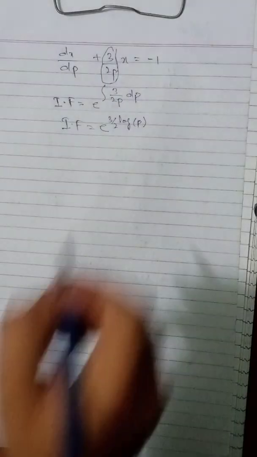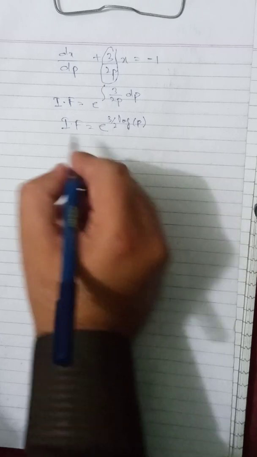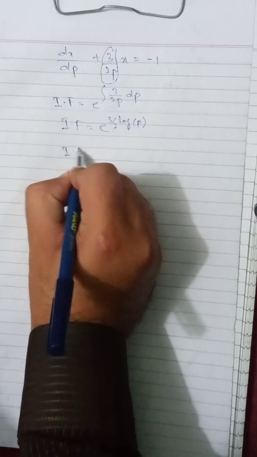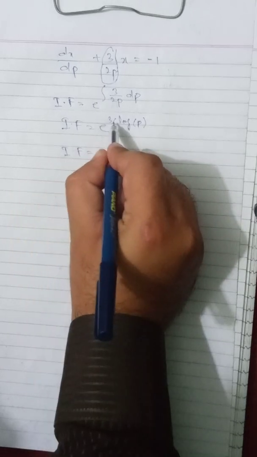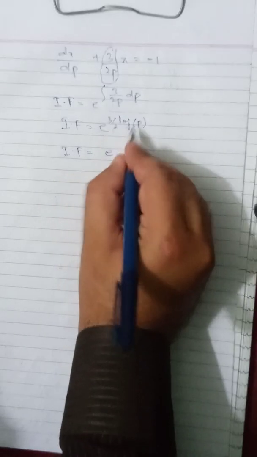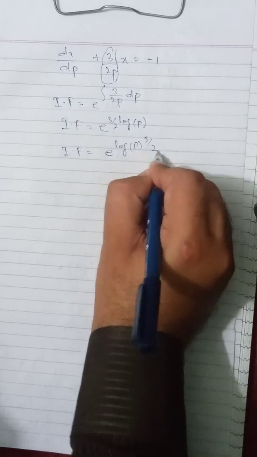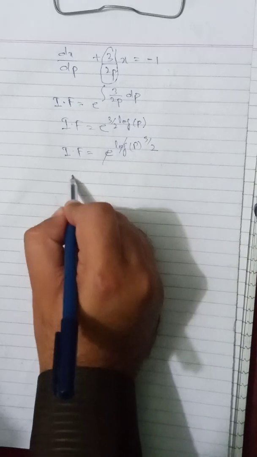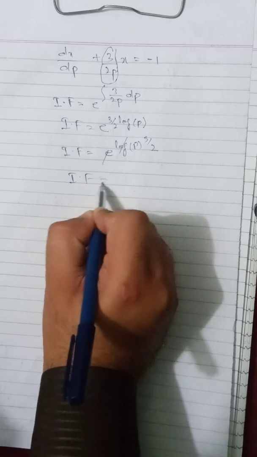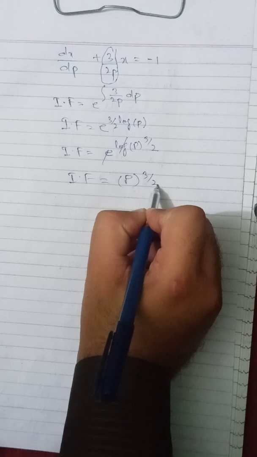By the identity of logarithm, we can write this term as log of p power 3 divided by 2. So e cancels out with this log, then the integrating factor is equal to p power 3 divided by 2.